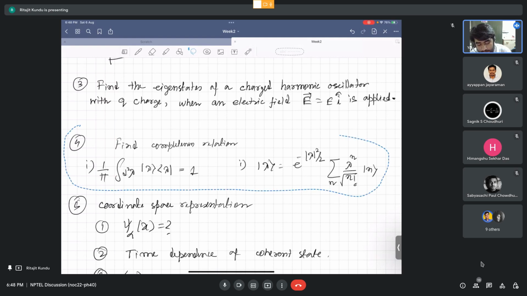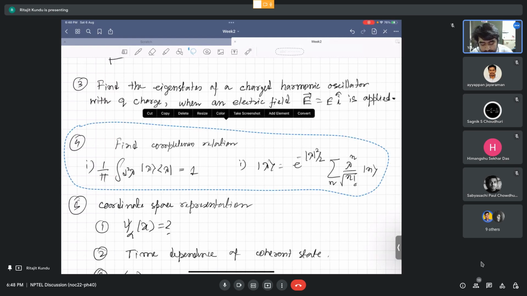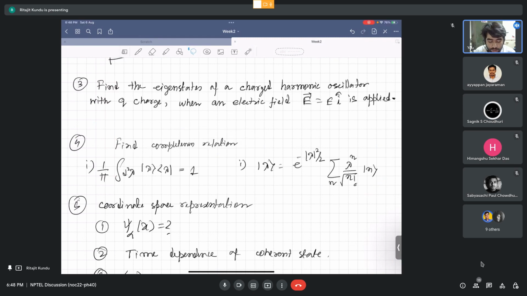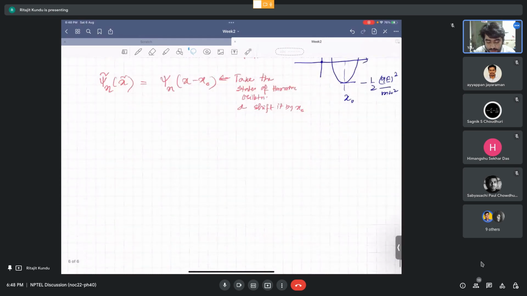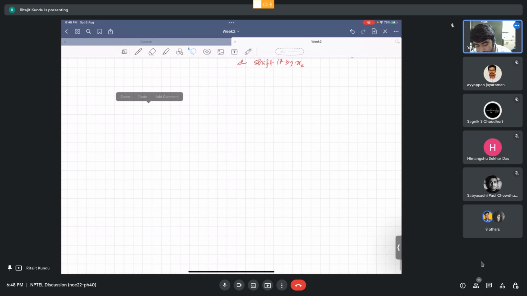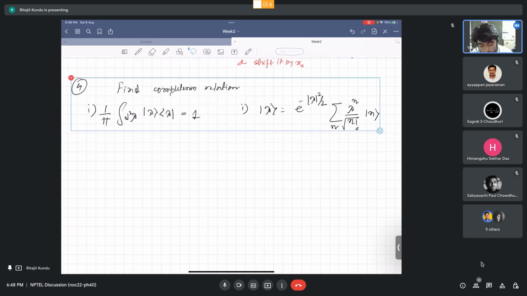So let's have a look at the coherent states. We'll look at some properties of coherent states. In the video lectures, the professor asked that you can also calculate this completeness relation.